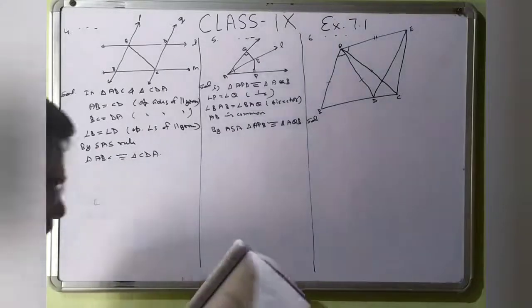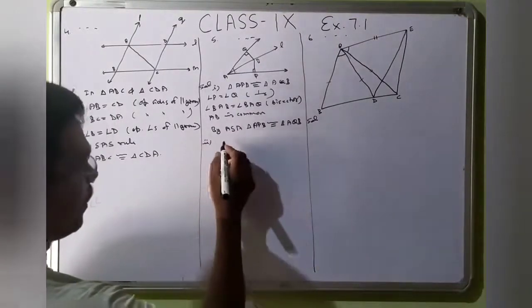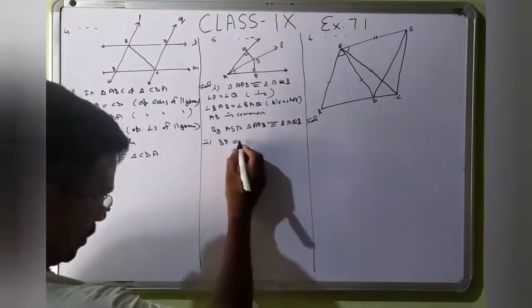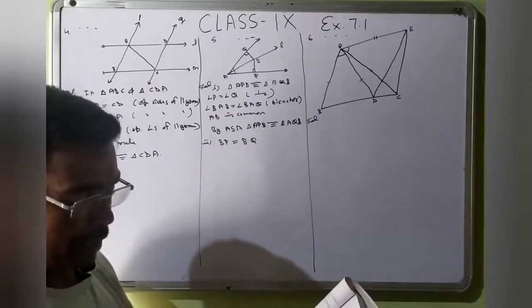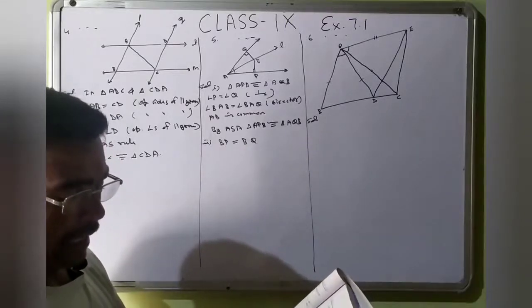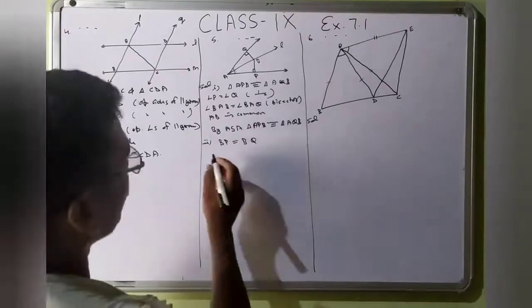Second part, BP is equal to BQ. B is a perpendicular from the arms of angle A. So BP is equal to BQ.